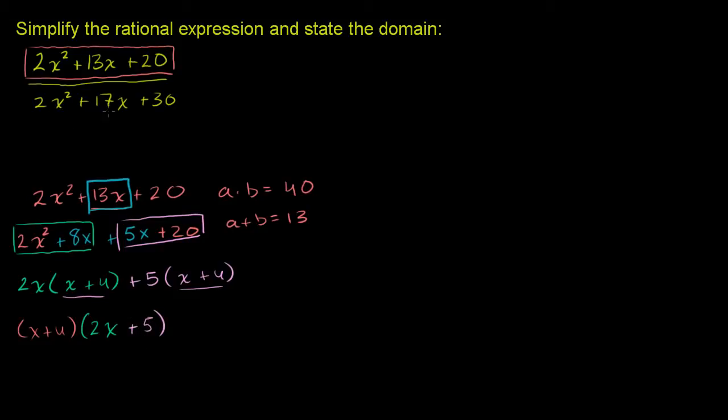Now let's do the same thing with the denominator expression. We have 2x squared plus 17x plus 30. Let's look for an a and a b. When I multiply them, I get 2 times 30, which is 60, and when I add them, I get 17.